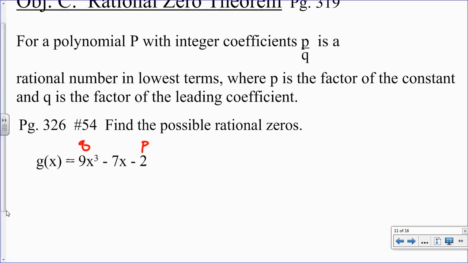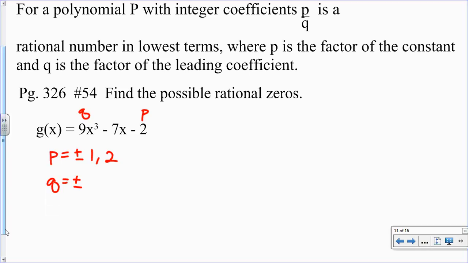I'm not concerned with that this is a negative 2 because these are all going to be plus or minus. So my P's are plus or minus. And then what are the factors of 2? 1 and 2. Okay? My Q's are the factors of 9.